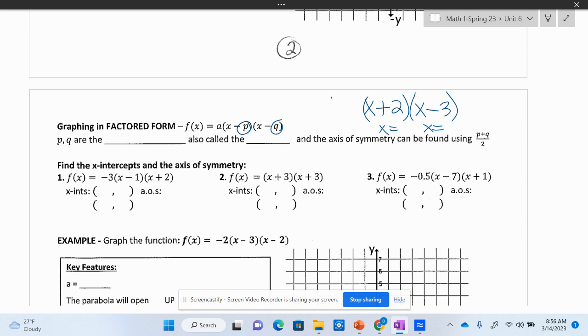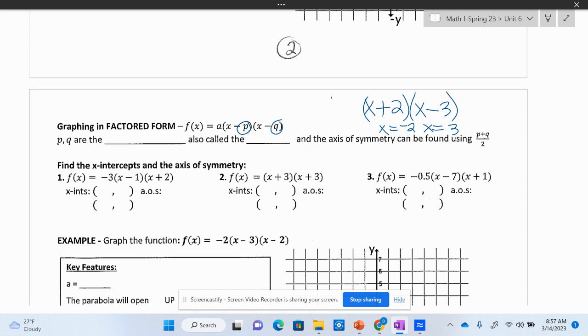What did we just do yesterday? If I know that my two factors are x plus 2 and x minus 3, what are the solutions? Yeah, x equals -2 and x equals +3.